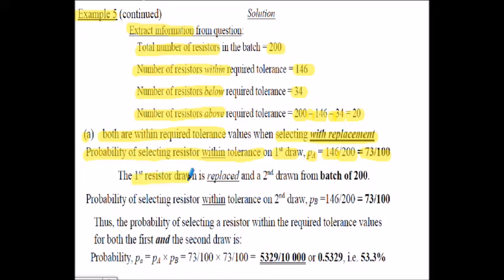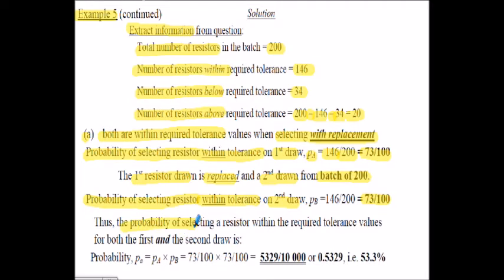The first resistor drawn is then replaced, and the second drawn from a batch size that is still now 200. So probability of selecting a resistor within tolerance on the second draw is the same as it was on the first draw because we replaced the original resistor.